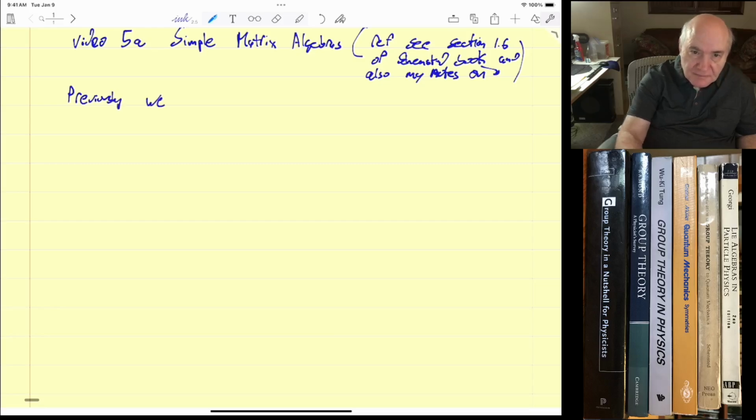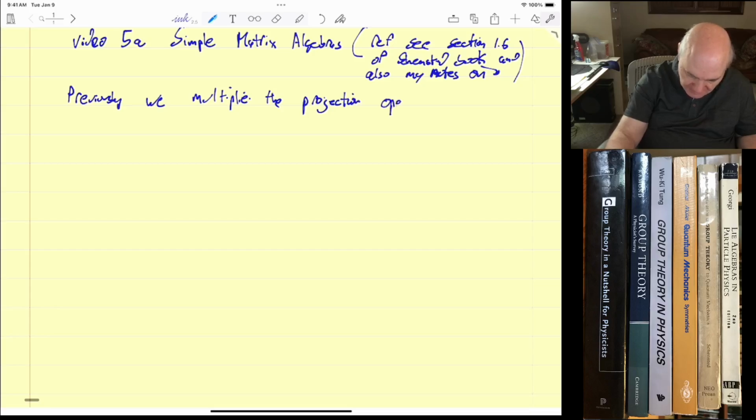Previously, we multiplied the projection operators rho k c c prime by group elements.